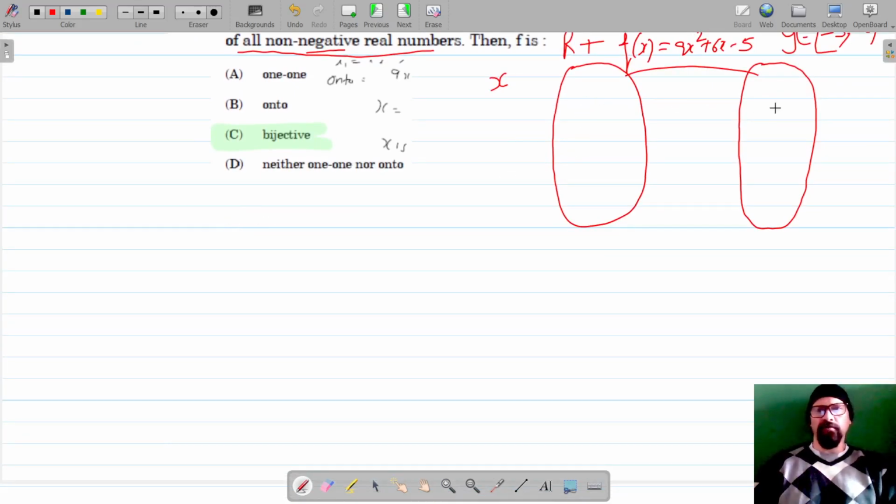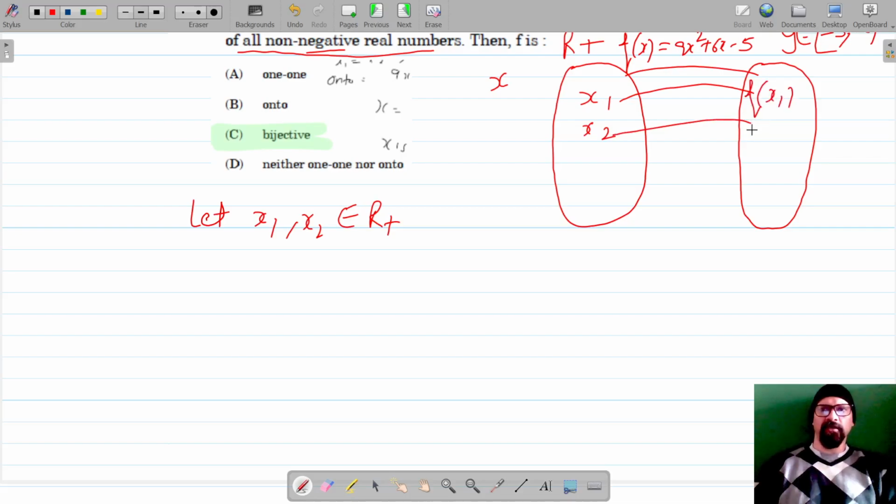Okay, so for one-one or onto, we will consider two elements that belong to the domain, so that x1 and x2 belong to the set of all non-negative real numbers, and let their respective images be f(x1) and f(x2).